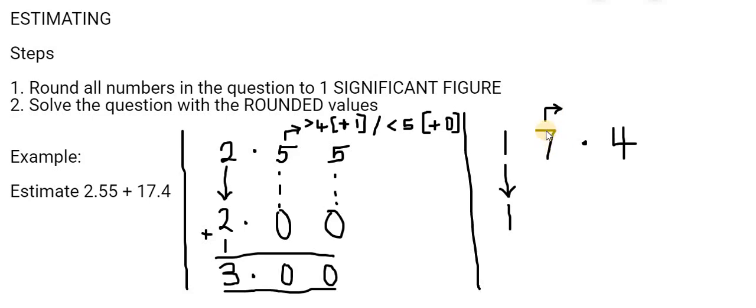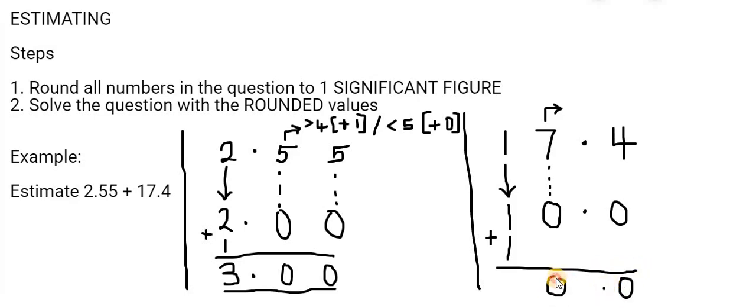So in this case, 7 is greater than 4, so we add 1. Convert the remaining numbers to zeros. So that's just 0, 0, and 1 plus 1 is 2.